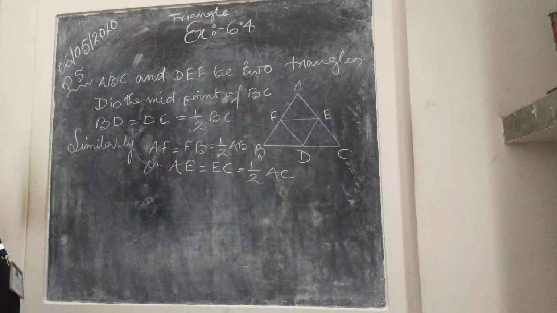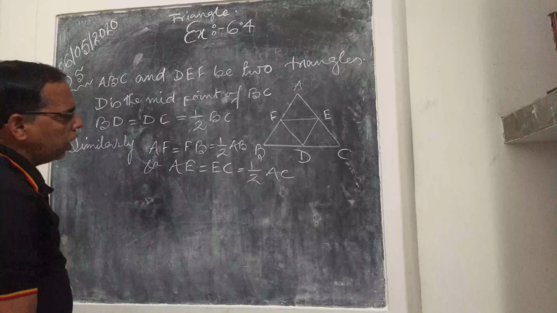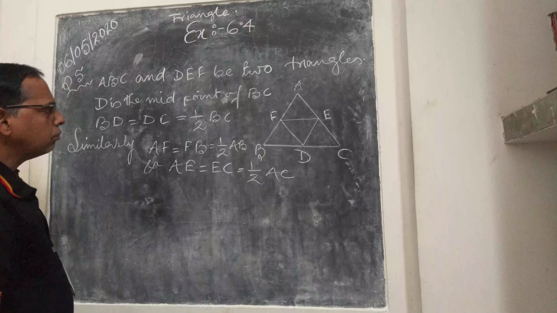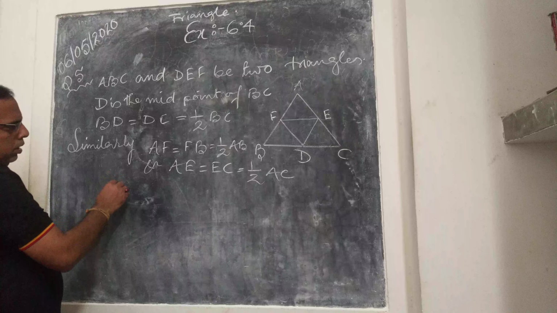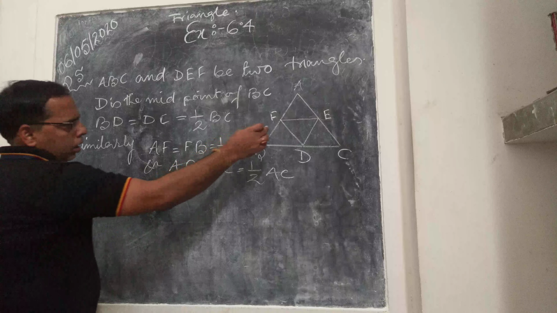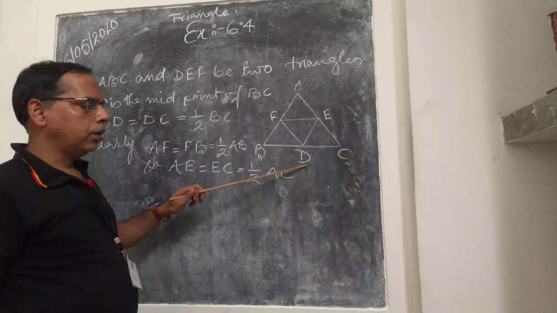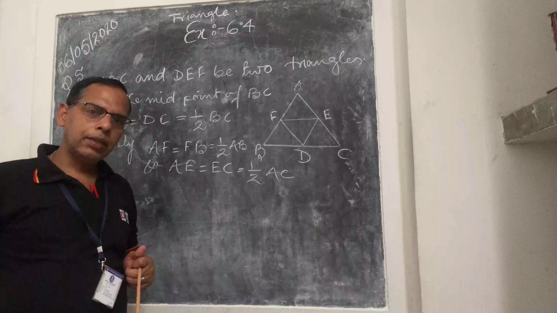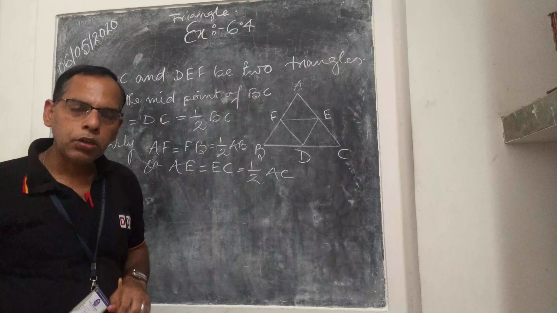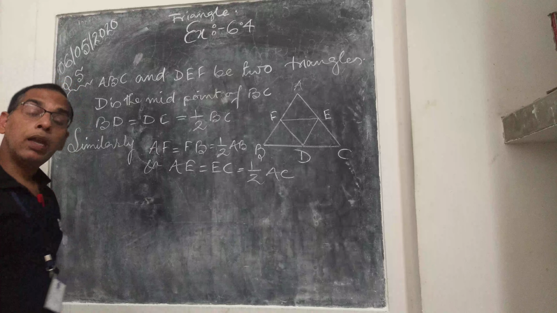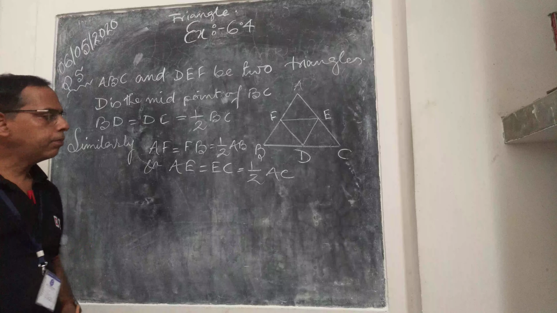Clear? Next, if these are the midpoints, then by the midpoint theorem, the line joining the midpoints of two sides of a triangle is parallel to the third side and half of the third side.